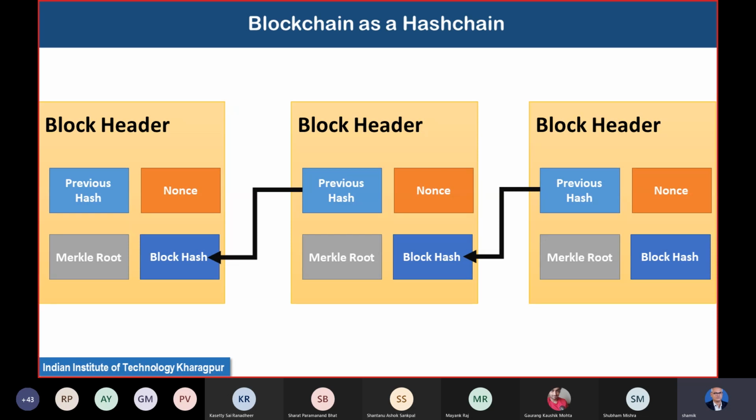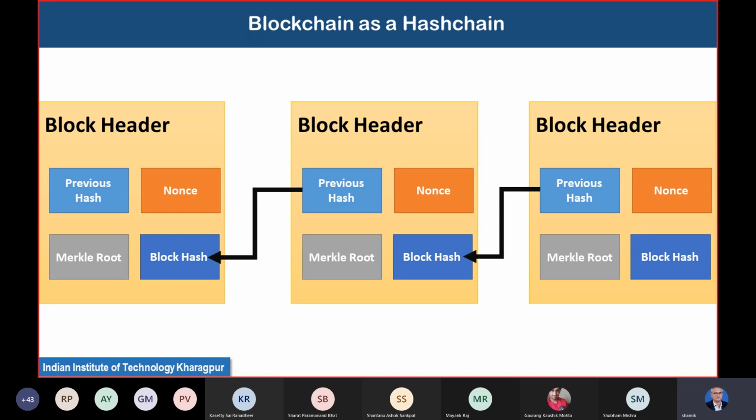You can see that. Now, if somebody tampers with the data, changing that 5 bitcoins to 6 bitcoins, the Merkle root will change. And because the Merkle root will change, it will have a new block hash, because this block hash itself is generated by taking into consideration the value of that Merkle root.